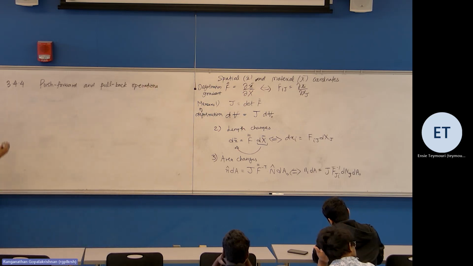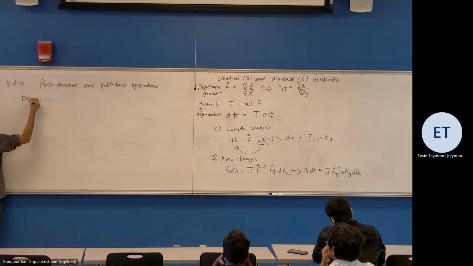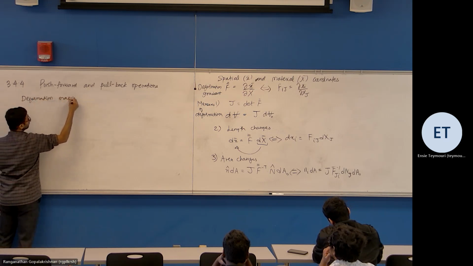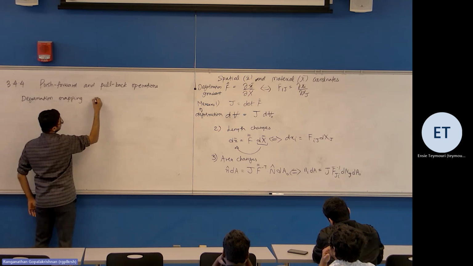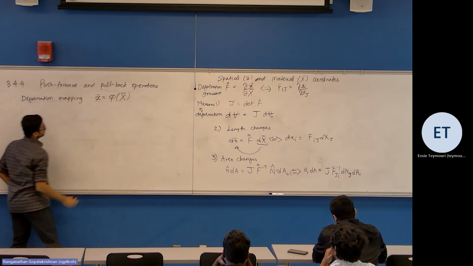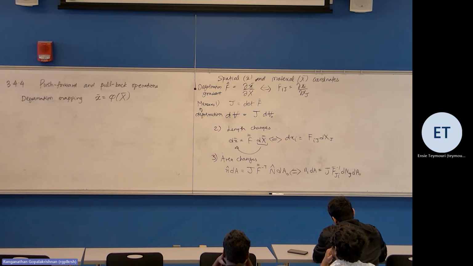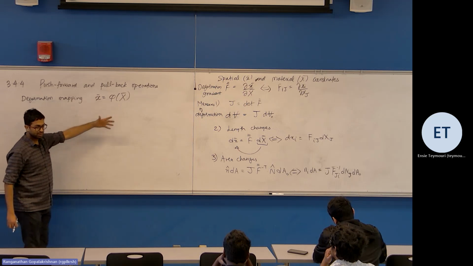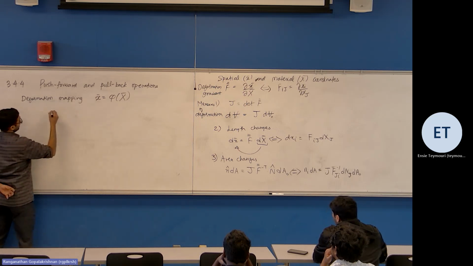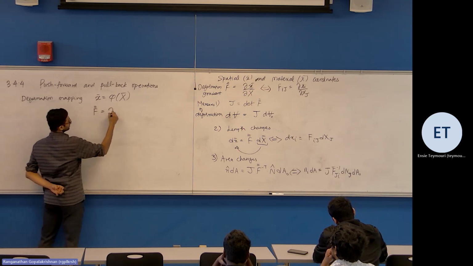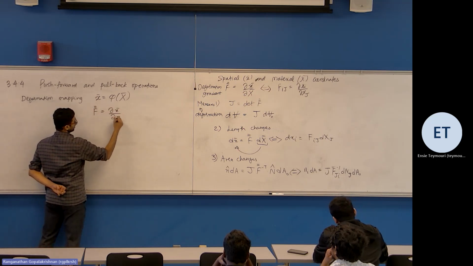So you can think of the deformation mapping, which we saw in the first lecture on this topic, x is equal to phi of X. That is, a given reference configuration is deformed, and this phi is the function that describes the deformation. And we also derived the deformation tensor, which you can write as partial x over partial X, as we wrote.